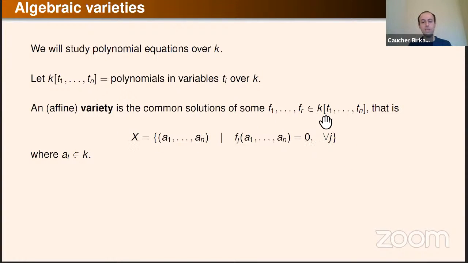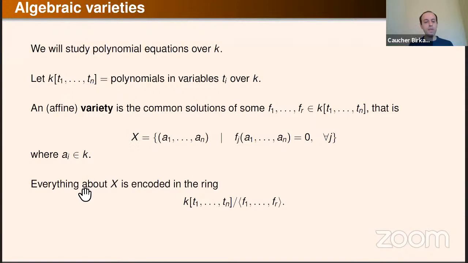For example, if you take k to be the real numbers and f to be some simple polynomial and look at the graph of this polynomial, which we have all done in high school, that's an algebraic variety. But the difference is that the kind of properties we are interested in in algebraic geometry usually are not considered in high school.